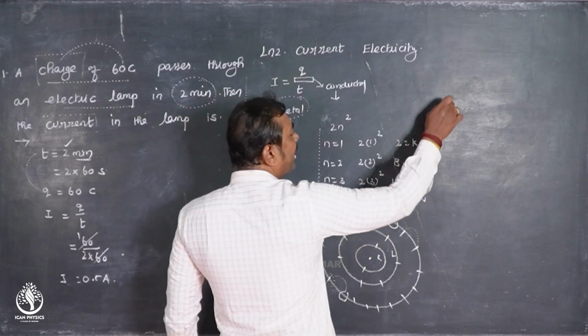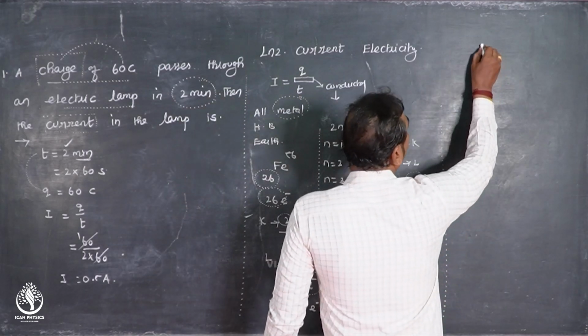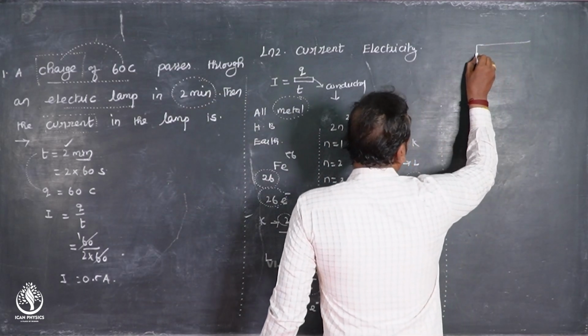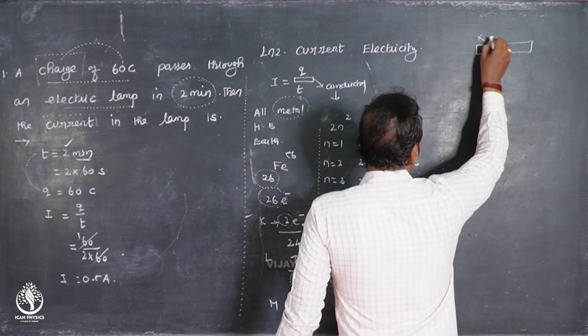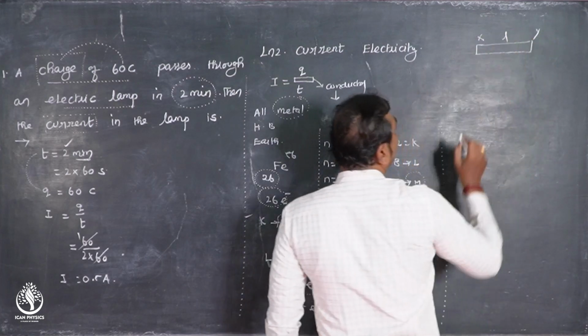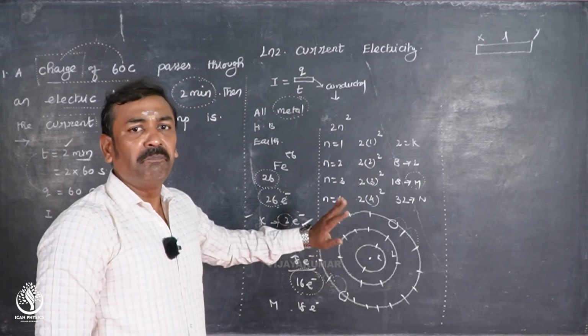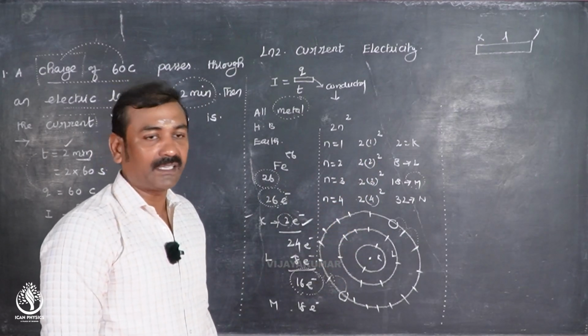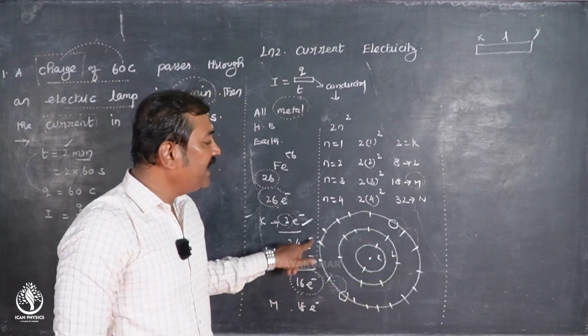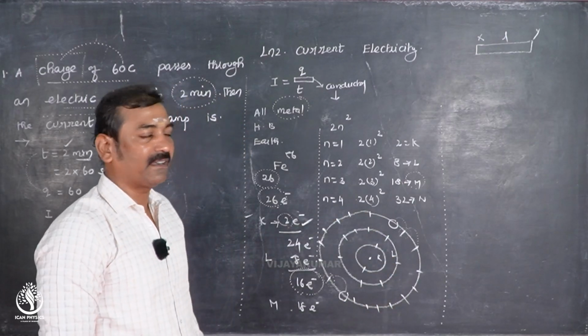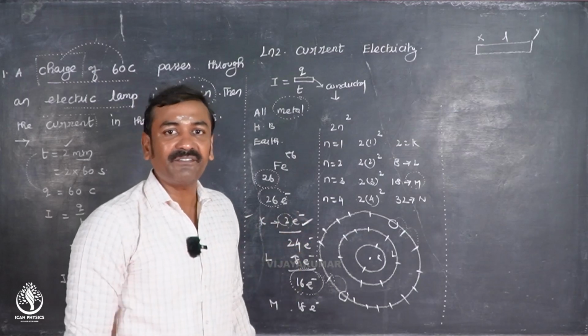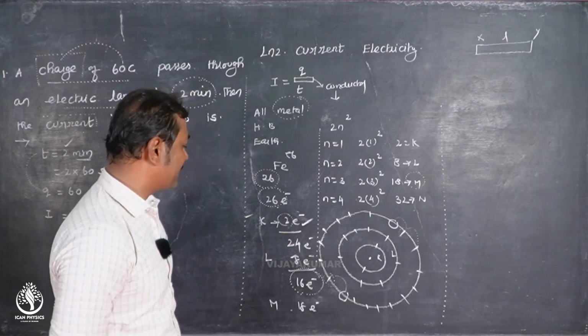When we have a rod like this, it can be taken as X, Y of length L. In this rod, there are millions of atoms and billions of free electrons. Now we are using the word free electron. Why are we saying free electron?